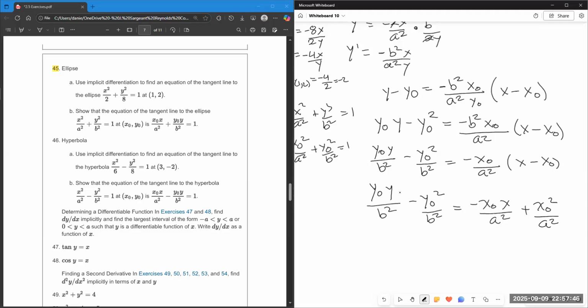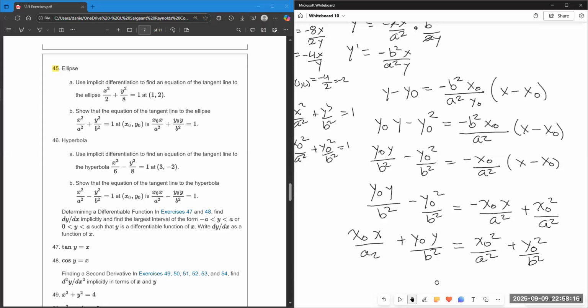So bringing this term to the left and this term to the right, I have x naught x over a squared plus y naught y over b squared is equal to x naught squared over a squared plus y naught squared over b squared.